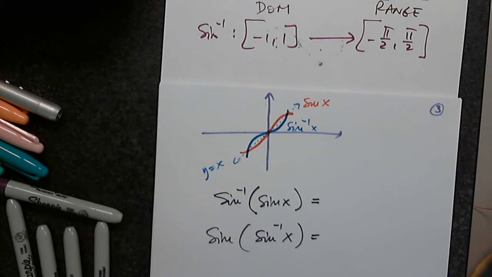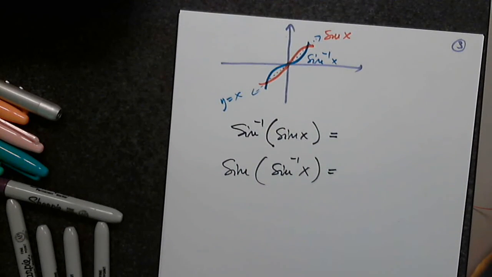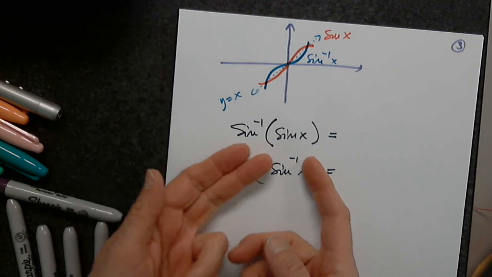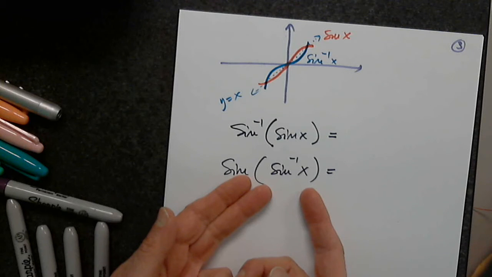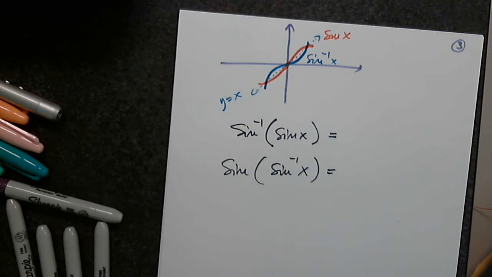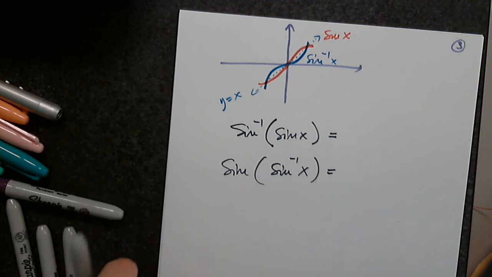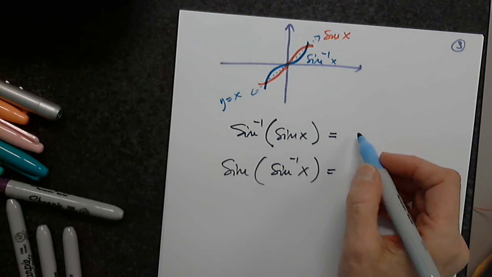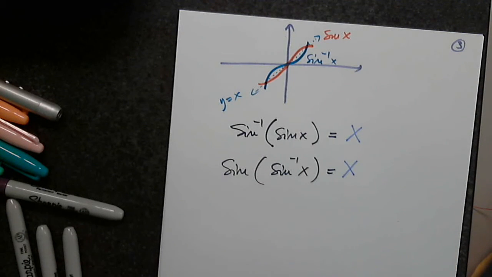What do you think the answer would be? I'm applying the inverse function to the function, or the function to the inverse. I know that these two functions are inverses of each other. So what should the answer be? x. Exactly, they cancel their effect on x.